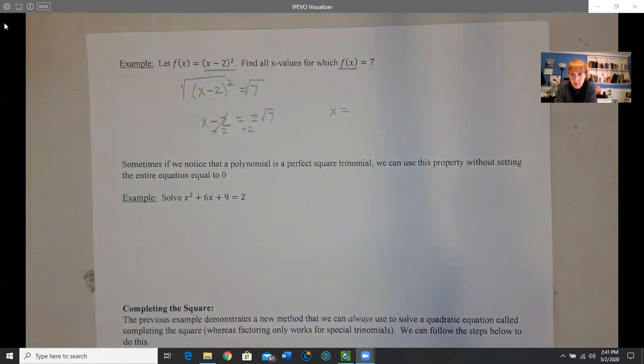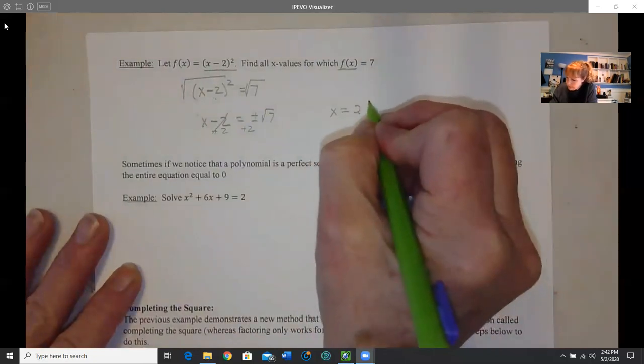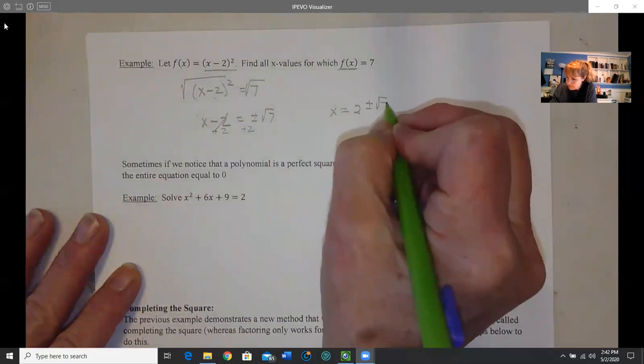You can't combine them because the 2 doesn't have a square root with it, and this is plus or minus, it's not multiplying. So they have to stay separate. And when you move that number over, put it in the front. So this would be 2, a positive 2, plus or minus the square root of 7.